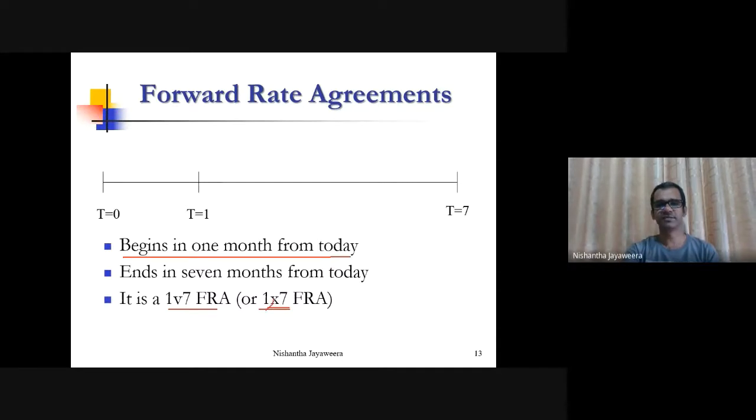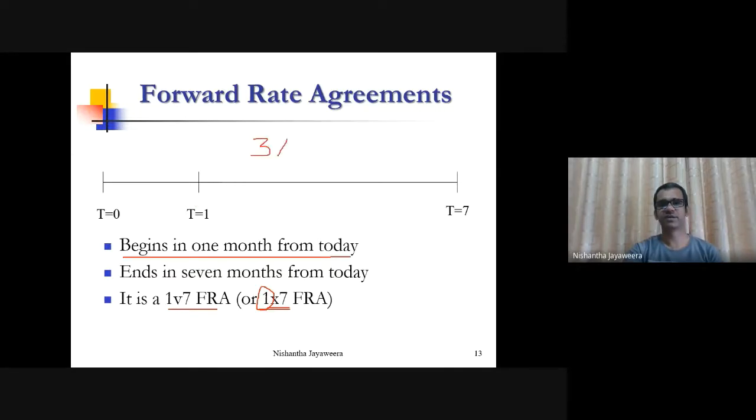What does it mean? In 1 month for a 6 month period. The total period is 7 months. Is it clear? This 1 by 7 notation, what is it? When do you start the FRA period and when do you end it from today? 1 into 7 means you start the FRA in 1 month for a 7 months time.